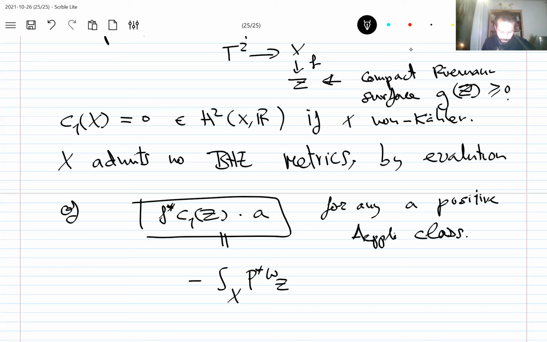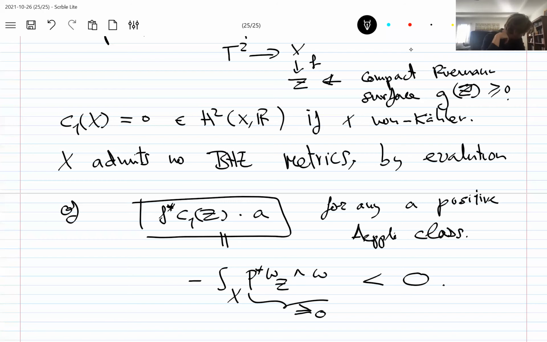This is going to be minus the integral over X of the pullback of the negative definite Kähler metric on the base with constant negative scalar curvature, which is some omega. So therefore, this is going to be bigger or equal than 0. So this is going to be always negative. Okay. It just follows from this.